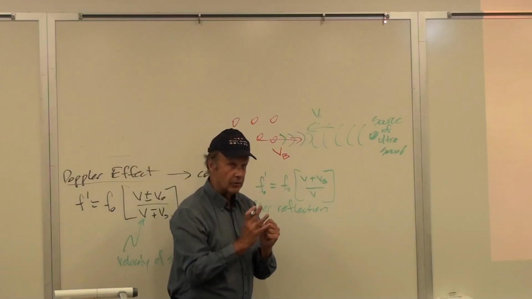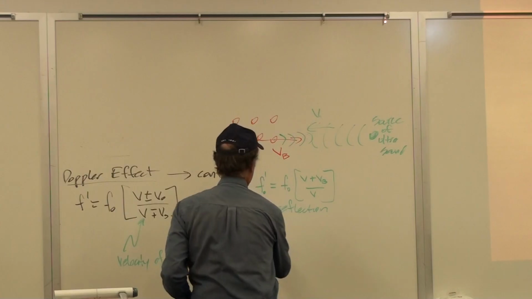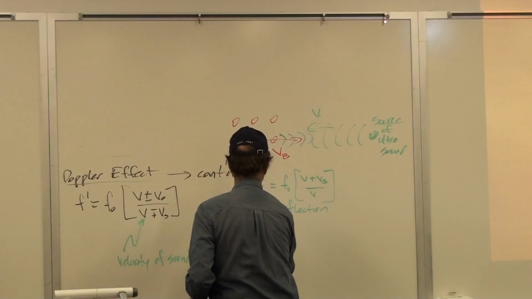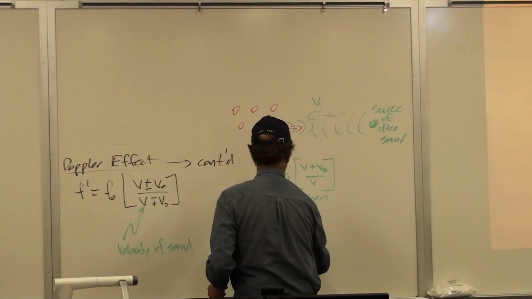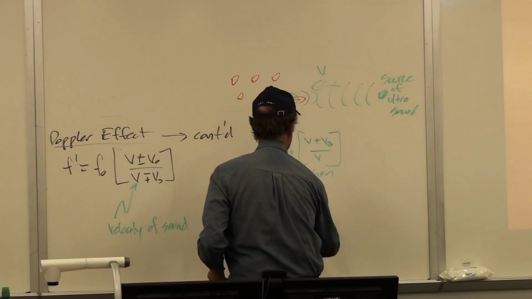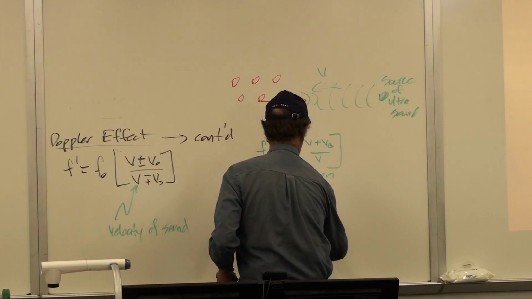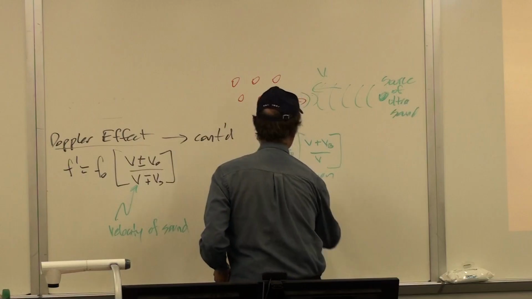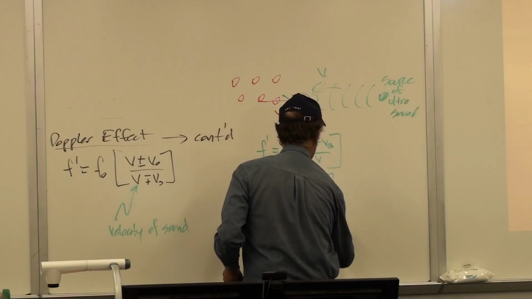And so that's shortened the wavelength if it's coming toward the ultrasound. And so after reflection, F naught double prime is equal to F naught prime times, and so in this case this is a moving source, so this is the velocity of sound divided by the velocity of sound, and then it's moving towards, so that'd be minus the velocity of the blood.